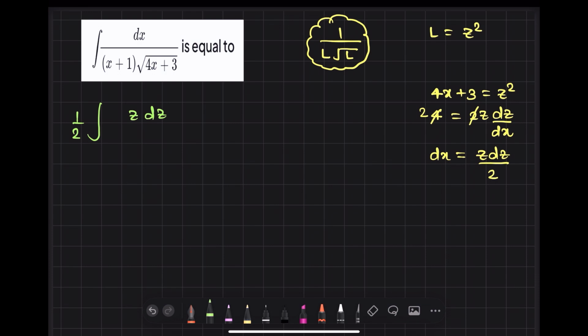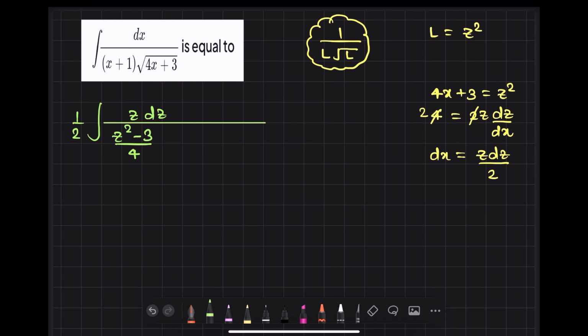Now look at this. You have 1 plus x. So can I write 1 plus x as, look, I have to create 1 plus x. So can I write x as, wait a moment, I will be writing x as z square minus 3 by 4.